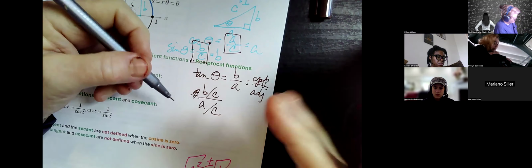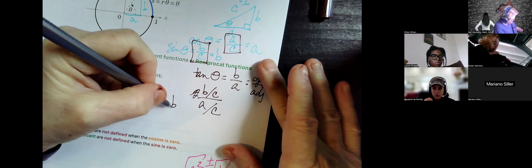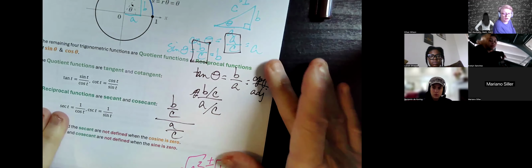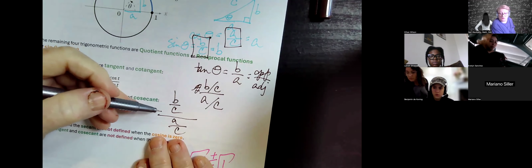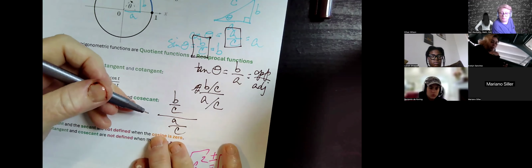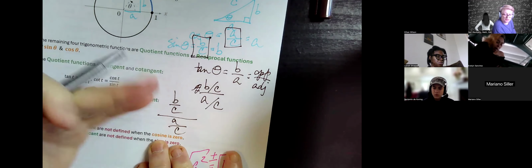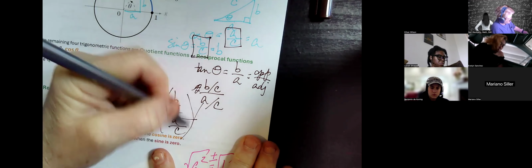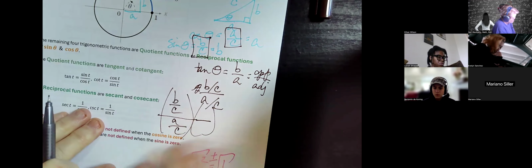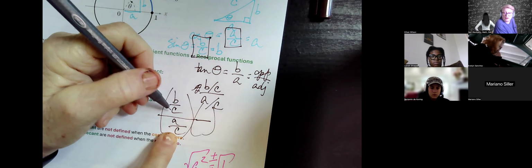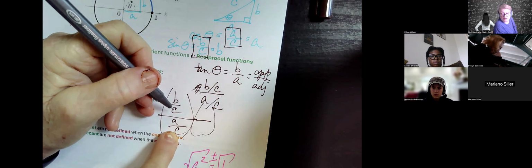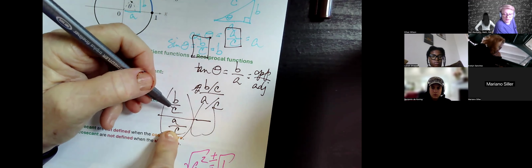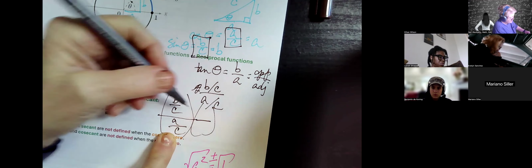Remember we talked about, I think it was last time, if you have a complex fraction, fractions within a fraction, the simplest way to simplify it or make it into a regular fraction is to multiply numerator and denominator by the least common denominator of the inside denominators. Well, these are both the same. So the least common denominator of C and C is C.